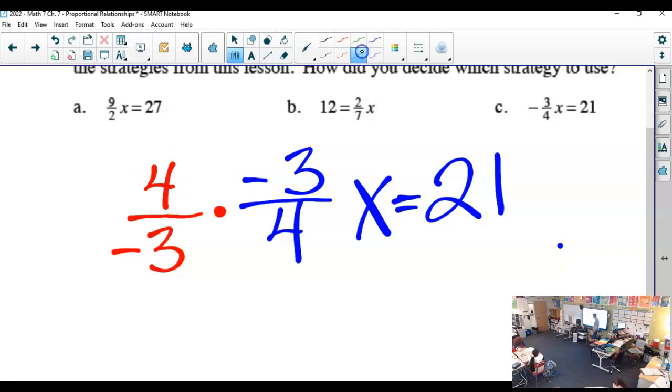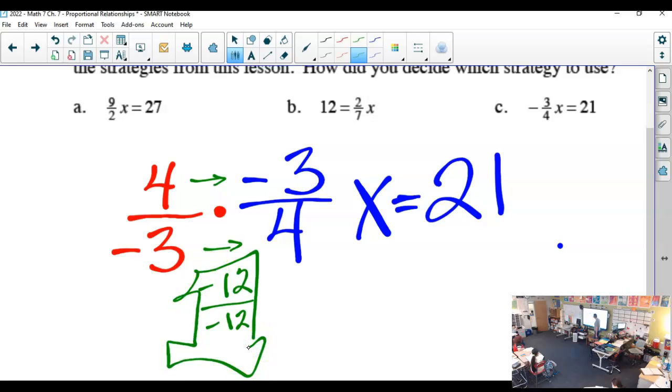What would happen here is this would make negative 12, this would make negative 12, and what's a number divided by itself? Negative 13? Are you just messing with me? 1! So that is how that gets out of here. That's just 1. So we get 1x.